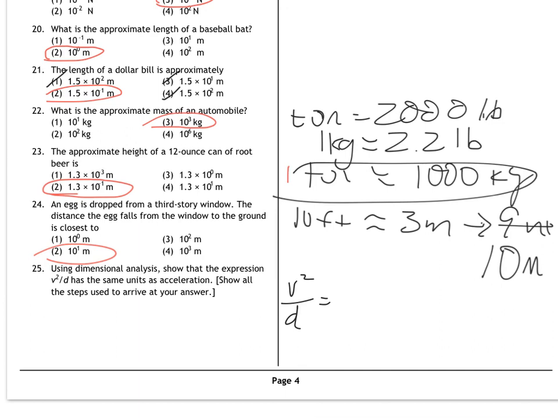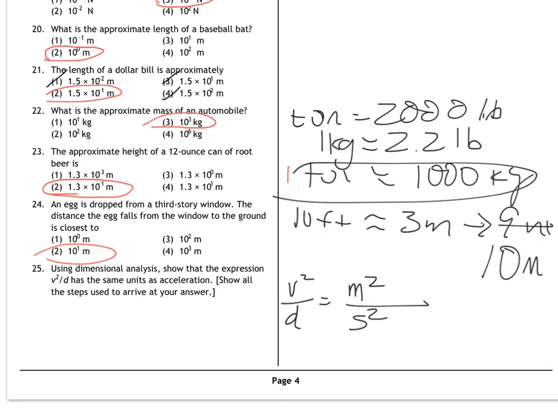So I'm going to try to preserve any meters and seconds squared that I get. At this point, I'm just plugging in the fundamental units that represent each of these constants. For v, velocity is meters per second, and this is v squared, so I'm going to write in meters squared per second squared.